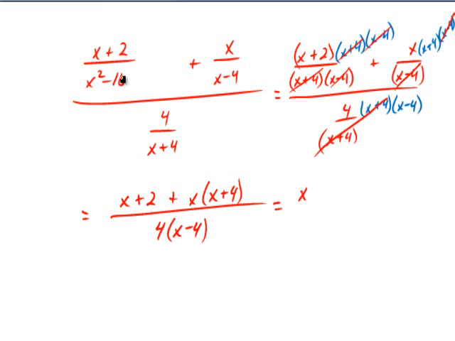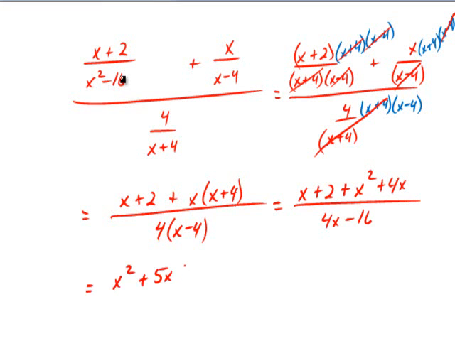Simplifying further, I have x plus 2 plus, distributing the x, x squared plus 4x. In the denominator, 4x minus 16. If I combine like terms, I have x squared plus 5x plus 2 over 4x minus 16.